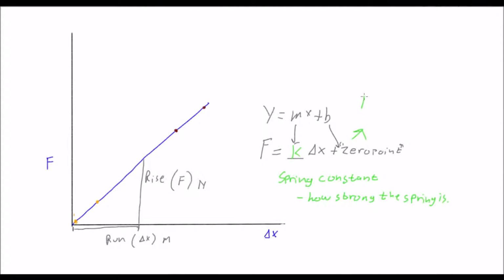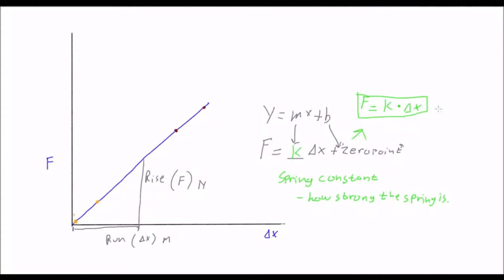So we know that the force is equal to K times delta x. And we're going to leave the 0 point out in this case. So there's your formula. That's your formula to work with springs.